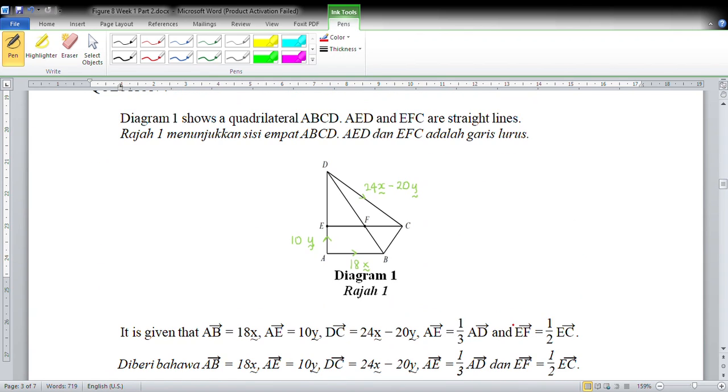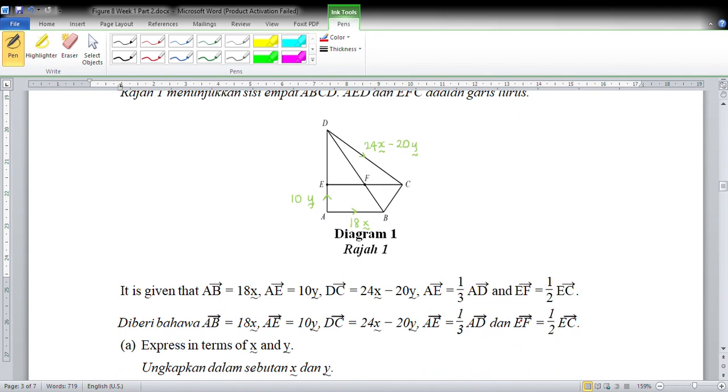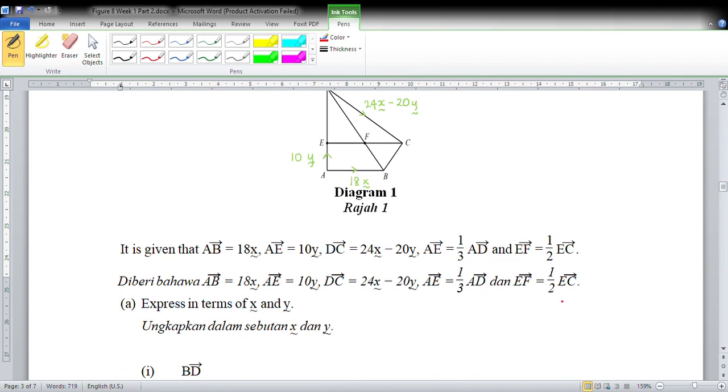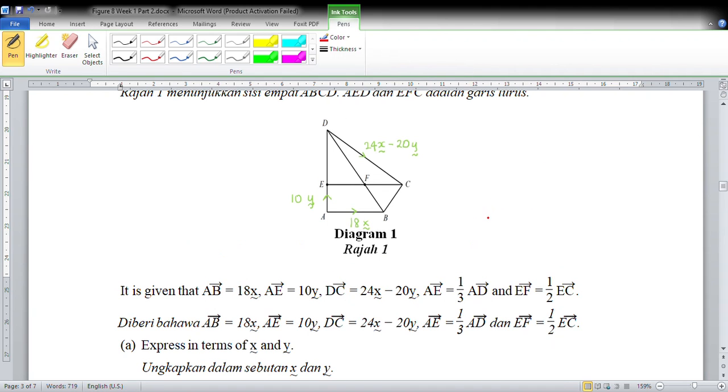Okay, so let's do part A. You can see here I have already labeled. So BD, how do you find BD? Let me write it up here. B to D, how do we go from B to D?